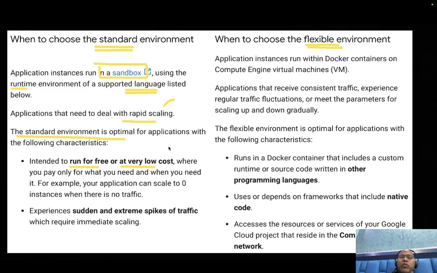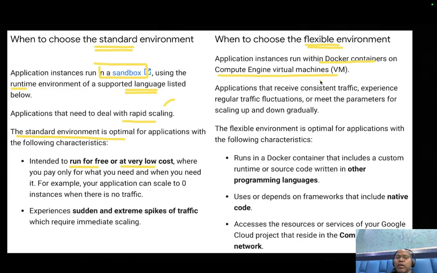But sometimes you want more control over your applications, so the application instance runs within a Docker container. You can develop your application in any language. The only thing is, you just make one Docker container, and using the Docker container, your application runs on Compute Engine virtual machines.